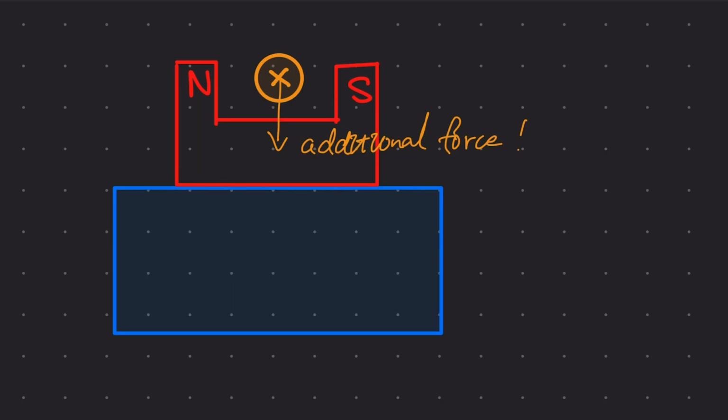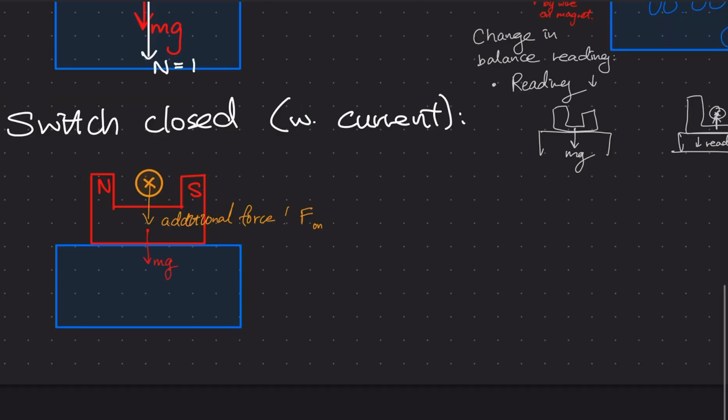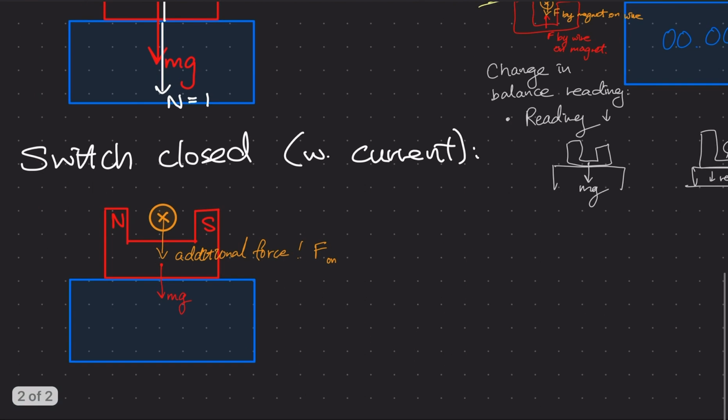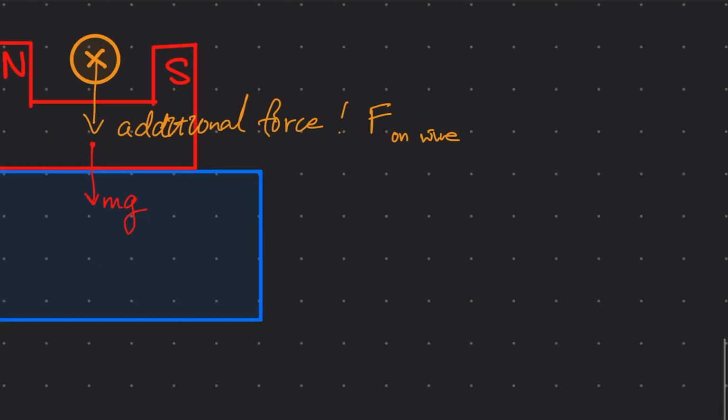And if we think about this again, the mg obviously did not change at all. But remember this, I'll just quickly write again. This is force on, what again? On magnet, on wire, by magnet.